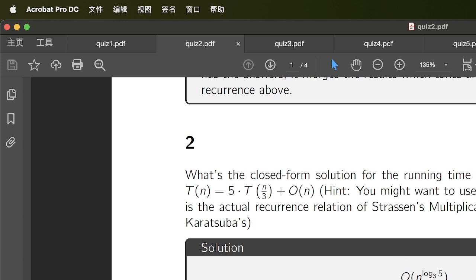For this one, a is equal to 5, b is equal to 3, and d is 1 because it's O of n. So a is 5, which is bigger than b to the d, which is 3, right? So 5 is bigger than 3, and the result would be in the form O of n to the log base b of a, and we got this result.